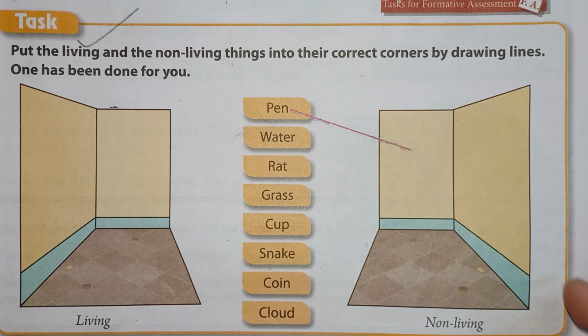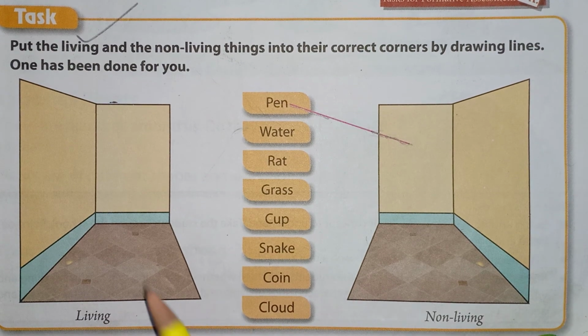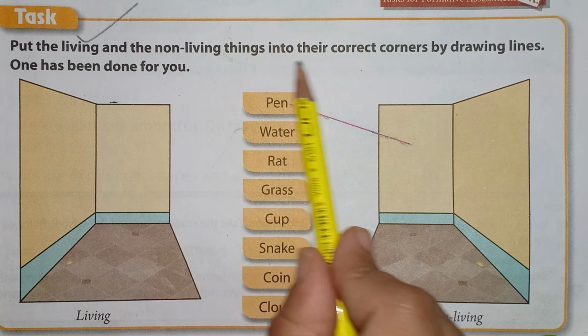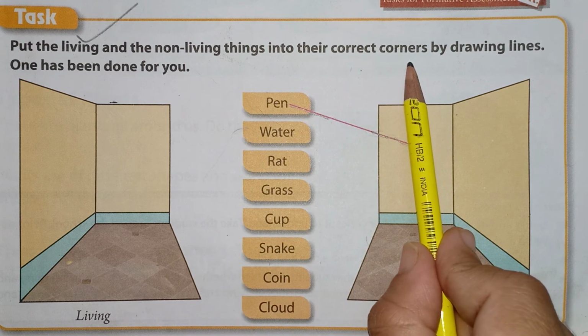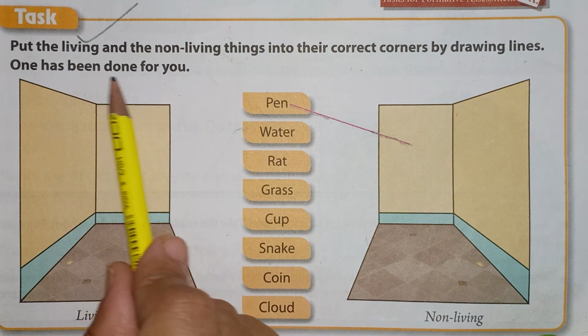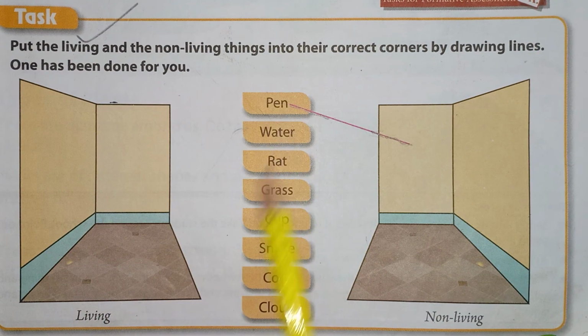Now on this page one task is given. Put the living and the non-living things into their correct corners by drawing lines. One has been done for you. See here, this is a living corner and this is a non-living corner.